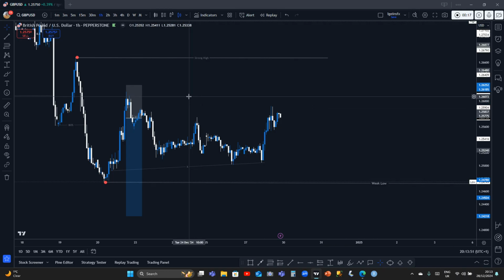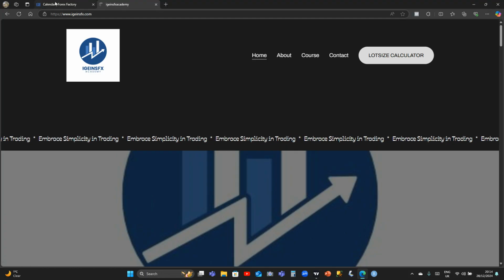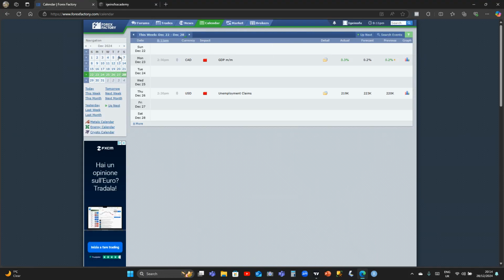Today it's a technical analysis on GU, that is GBP USD, for the week ahead. Before we do anything, first of all, go through our Forex Factory calendar.